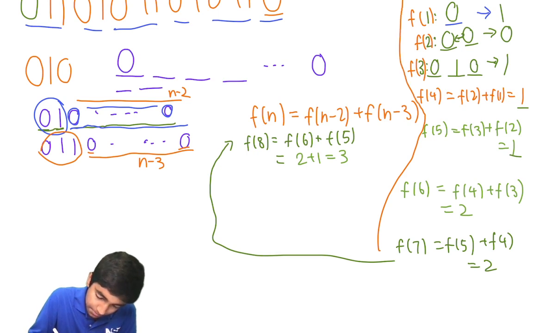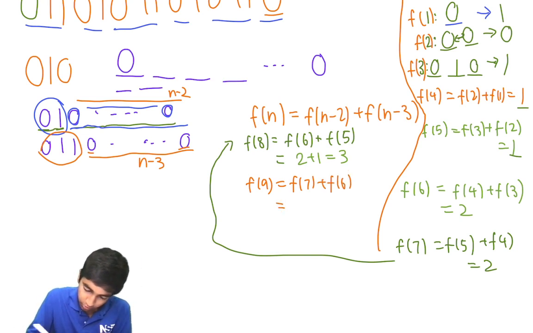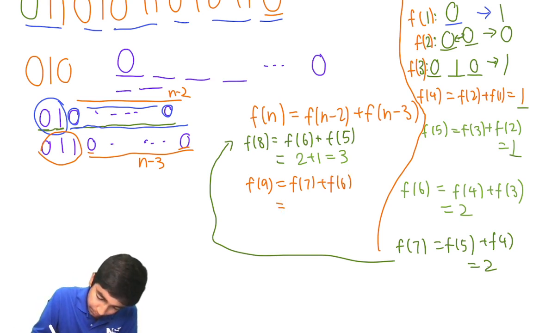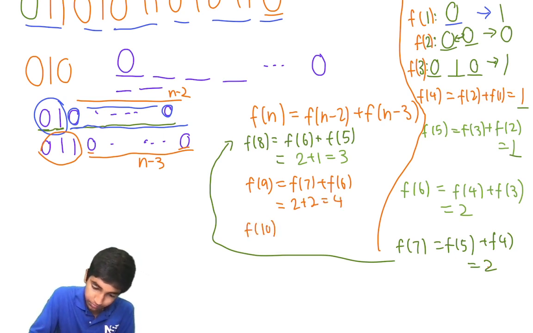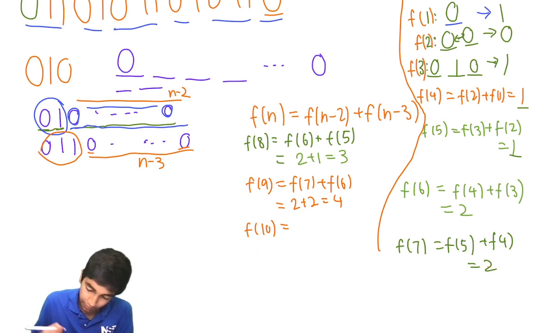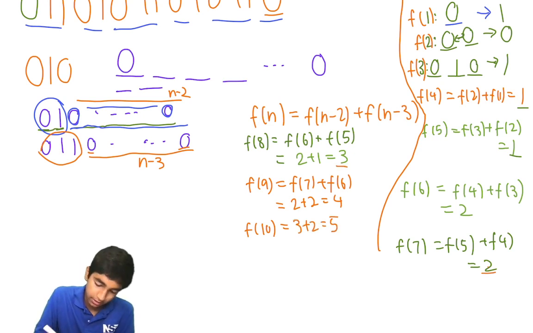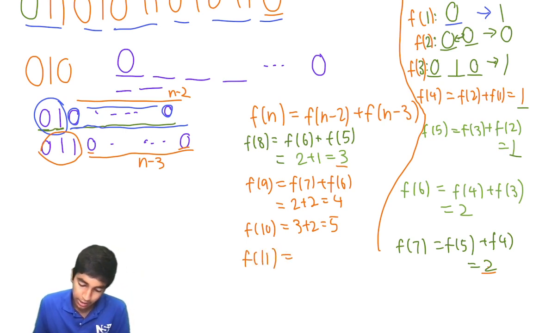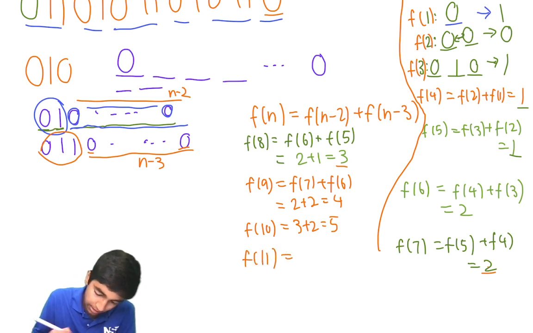F of 9 equals f of 7 plus f of 6, which is 2 plus 2, 4. F of 10 equal to f of 8 plus f of 7, 3 plus 2 equal to 5. We have to go to 19, so we still have a while to go. F of 11 equals f of 9 plus f of 8, which is just 4 plus 3, 7.